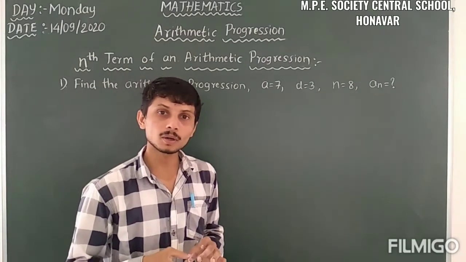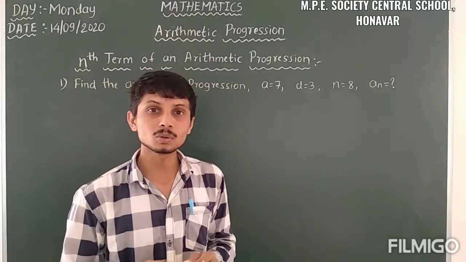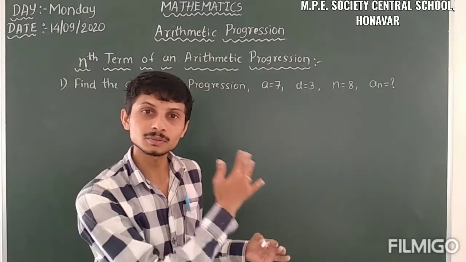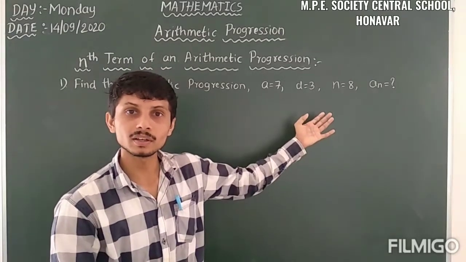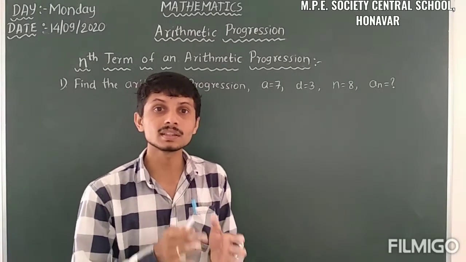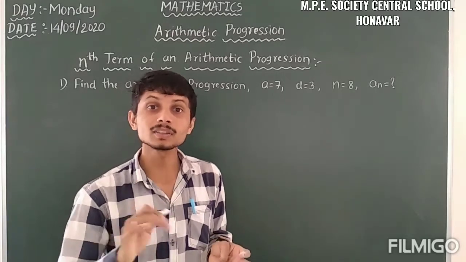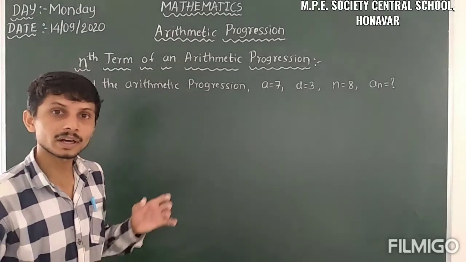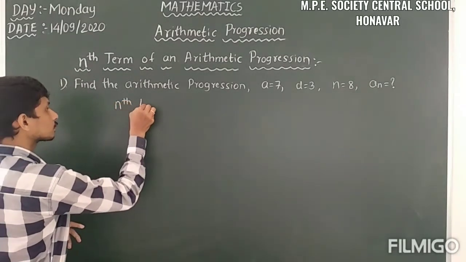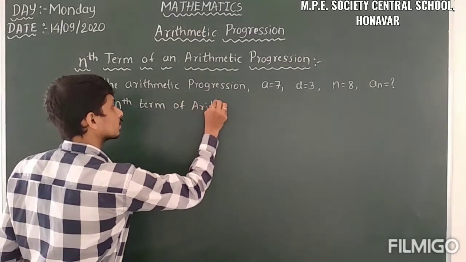What is the formula? an is equal to a plus n minus 1 into d. Use this equation, substitute all the given values and find the value of an. When n is equal to 8, it becomes a8. Firstly we have to write the nth term of an arithmetic progression.